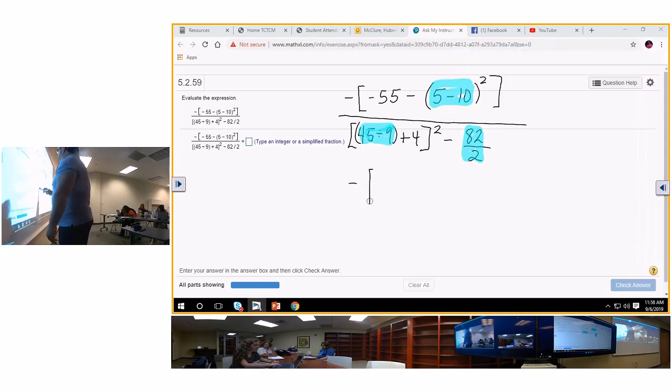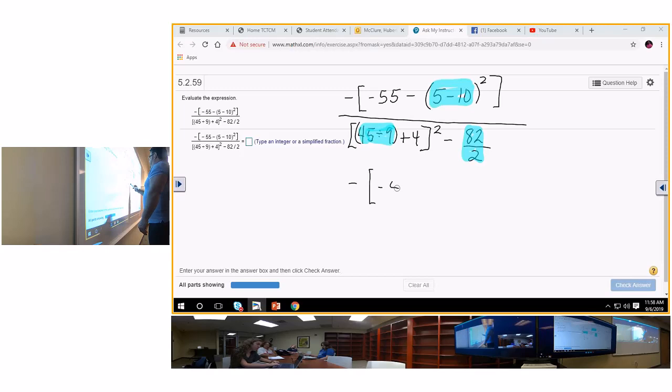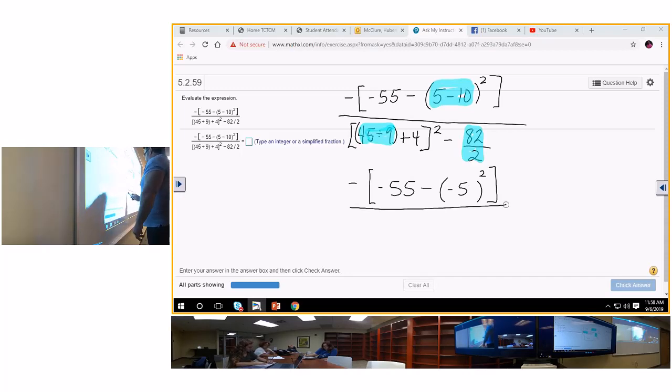Negative brackets, negative 55, minus parentheses, negative 5 squared, bracket. 5 minus 10 is negative 5. Over, 45 divided by 9 is what? 5.